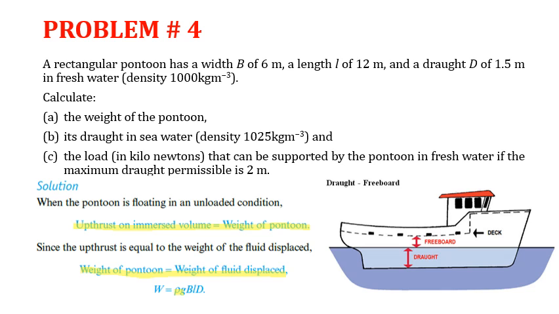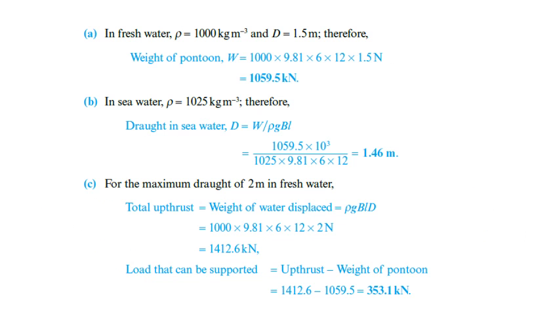Specific weight is density into gravitational acceleration, and volume is BLD, the volume displaced. We have already been provided with the draft, so it will be width into length into depth. Simply replacing all the values, you will get this weight of the pontoon as 1059.5 kilonewton.